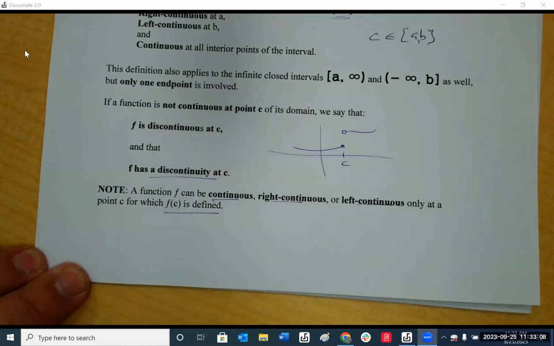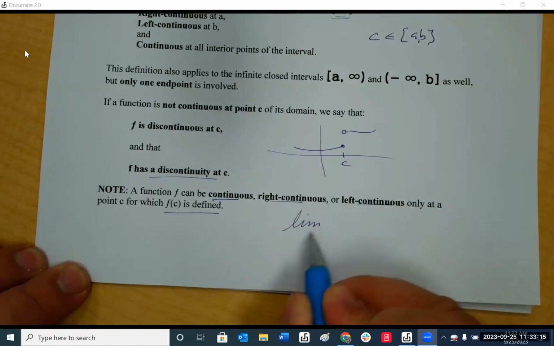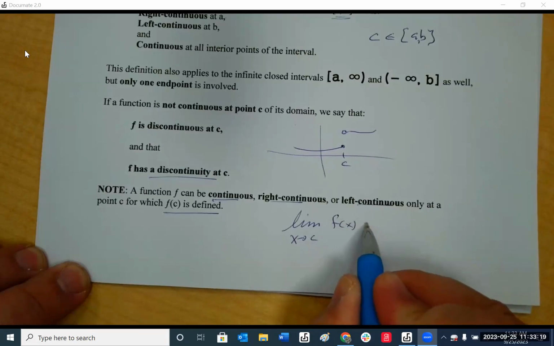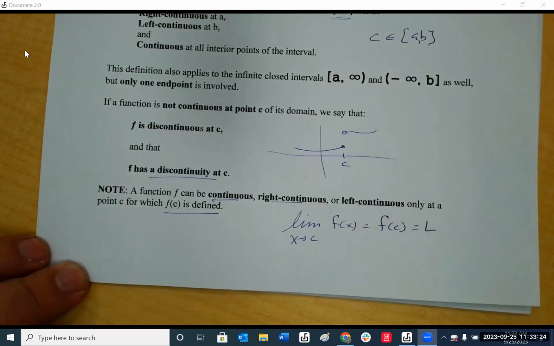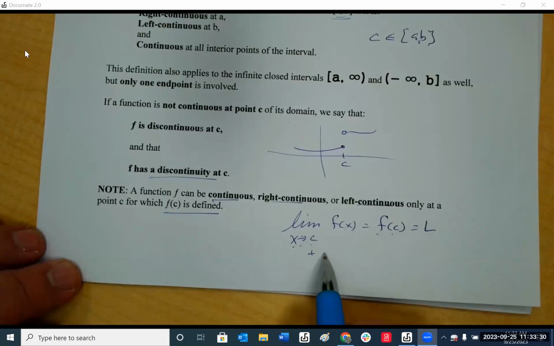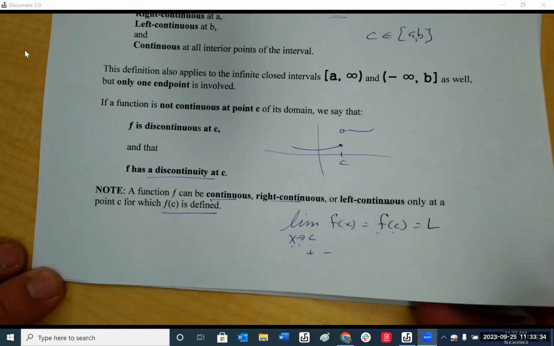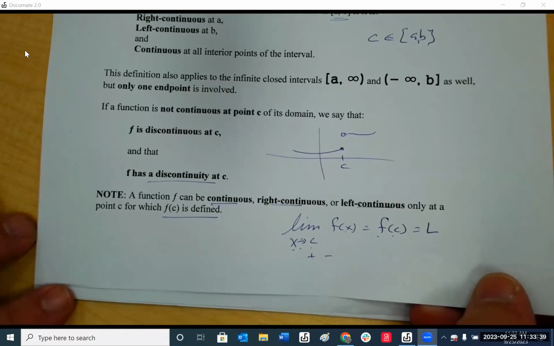What does that mean? It means that when x equals c, then there is an L, f of c. So as x approaches c, f of c equals L, from both right and left. That is pretty important.